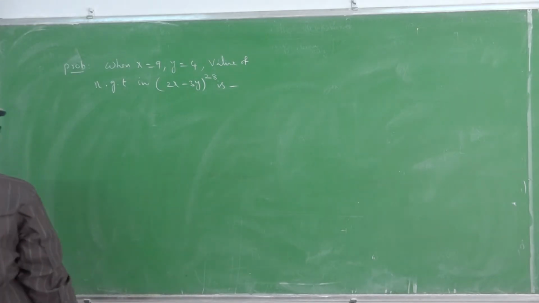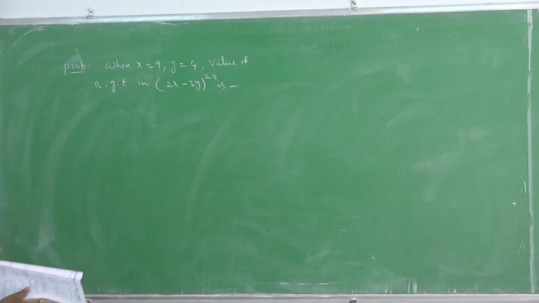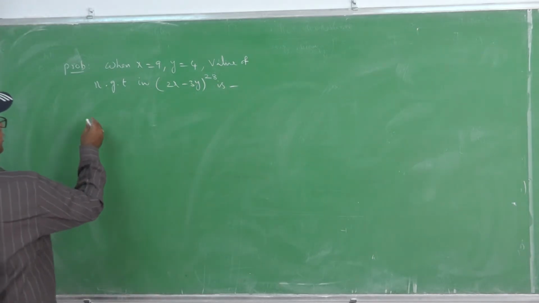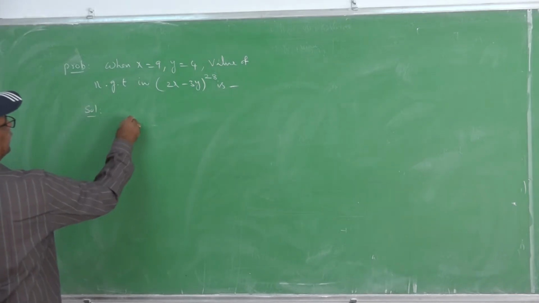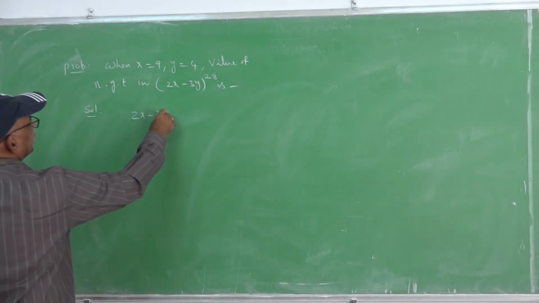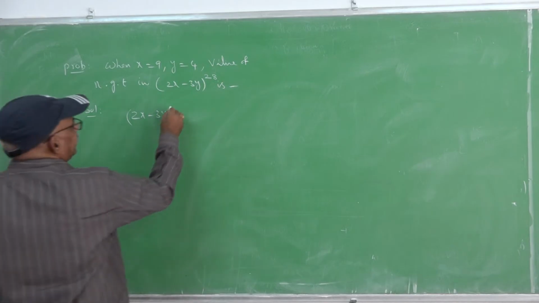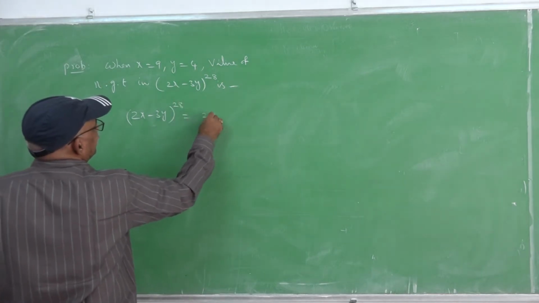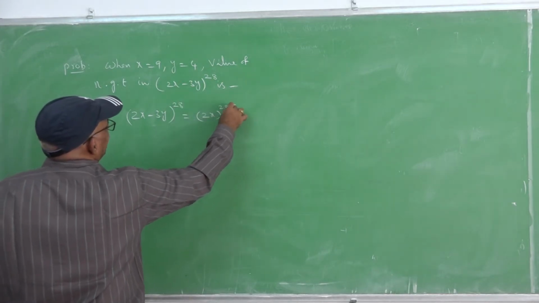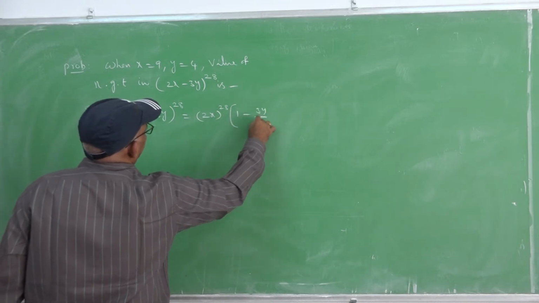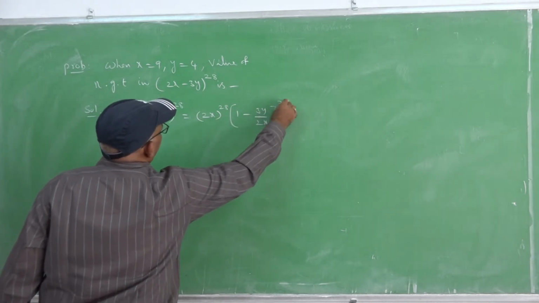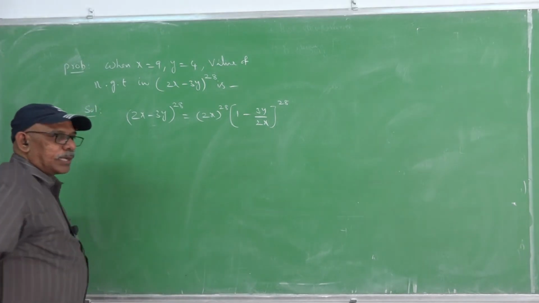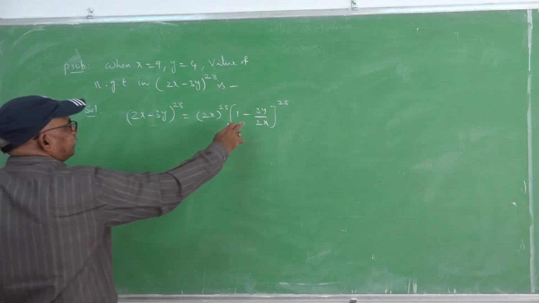For x taking the value 9 and y taking the value 4, we want the value of the numerically greatest term in the expansion. Here the expansion is (2x - 3y)^28, which may be written as (2x)^28 into (1 - 3y/2x)^28. Now find the numerically greatest term of this expansion.